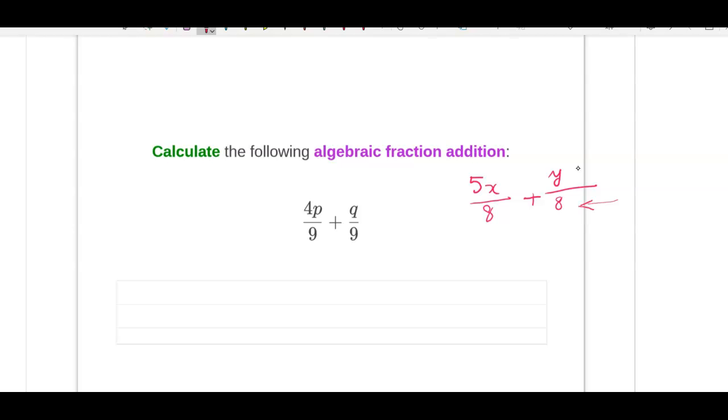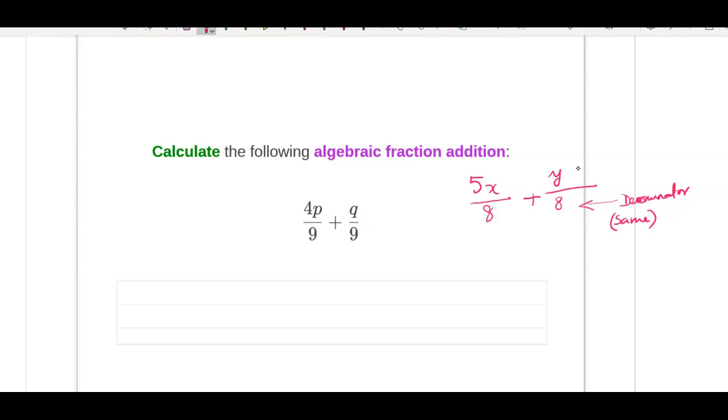Now, one other thing you got to notice is the denominator. They are same. So the denominator, if they are same, adding is pretty simple.